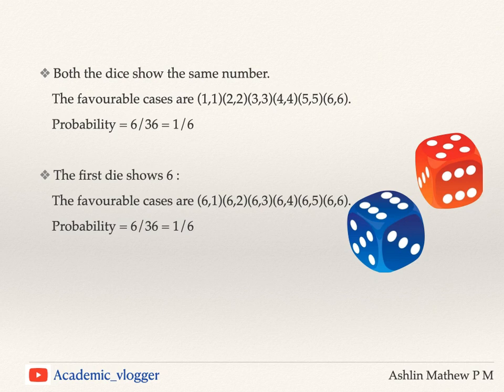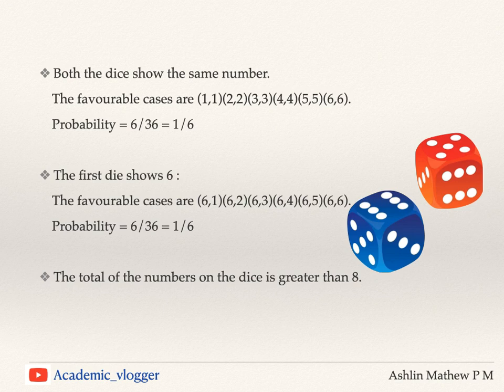Next is to find the probability that the total of the numbers on the dice is greater than 8. That is, the sum of numbers showing up on the dice must be either a 9 or a 10 or 11 or a 12, and no others.